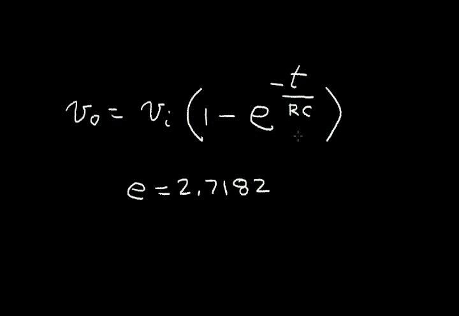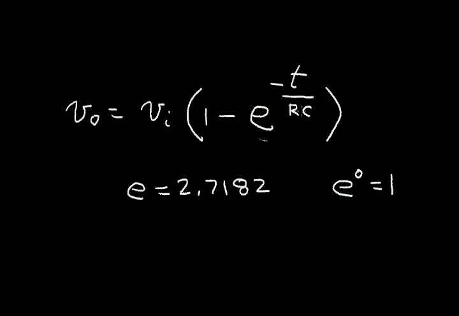So let's look at this equation. For example, at t equals 0, what does it tell us? At t equals 0, we know that the exponent is raised to the 0 power, which is equal to 1. So this second term becomes 1. 1 minus 1 is 0. So 0 times V in gives us a V out of 0.